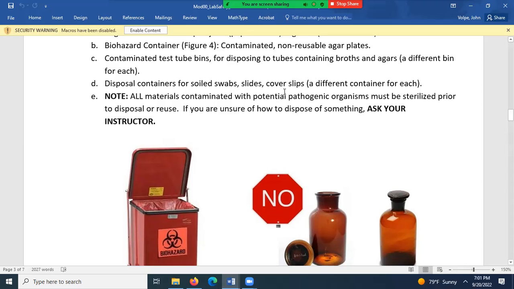The cover slips we do not keep, but they go in a separate container, meaning we will disinfect those and then throw them away. The slides are actually disinfected and then washed and reused. The swabs are put in disinfectant and then thrown away.